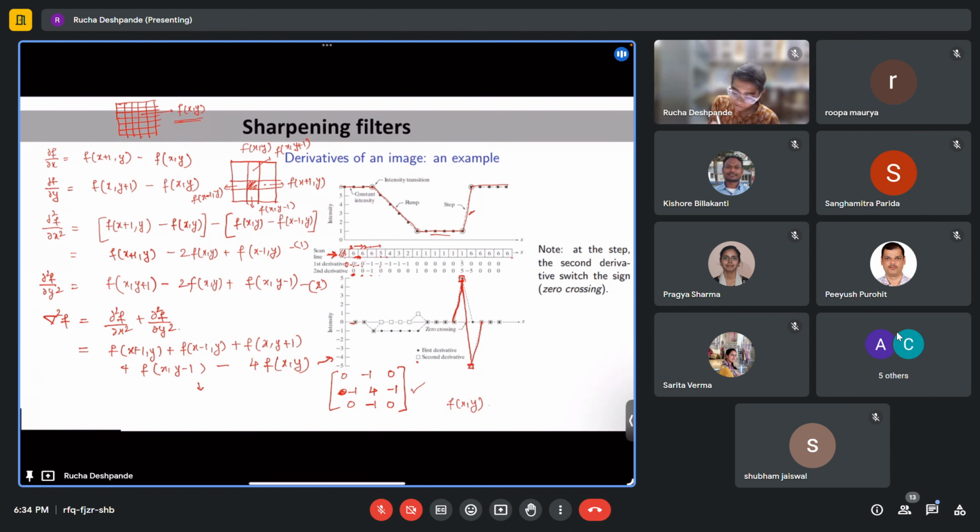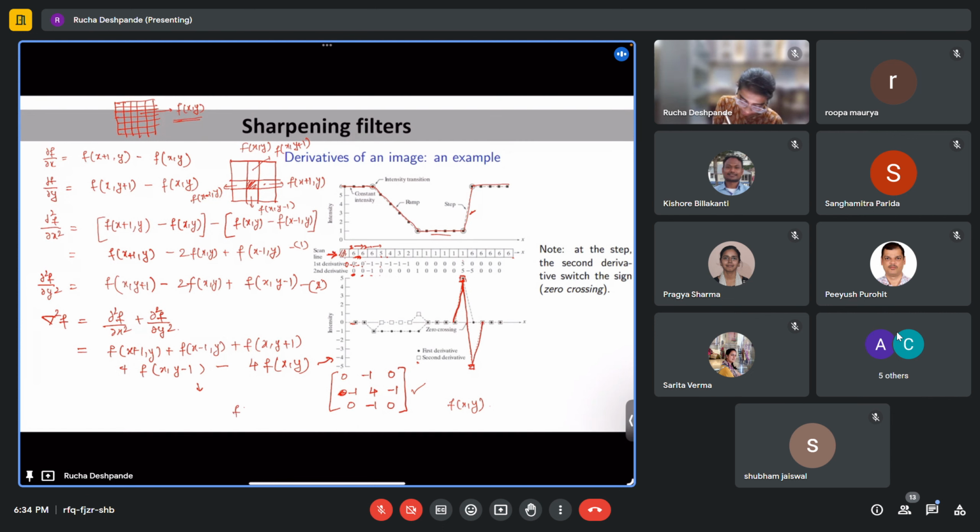This is one type of Laplacian filter. If we are considering the corner pixels also, so f of x minus 1, y minus 1, f of x plus 1, y plus 1, and so on, then there is another filter which has minus 1, minus 1, minus 1.